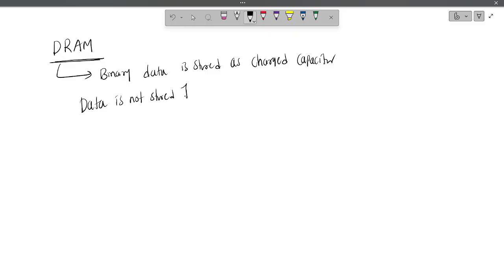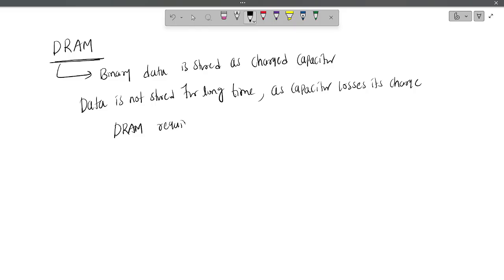Data is not stored for long time because the capacitor will discharge. Suppose you charge the capacitor, after some time what happens? The capacitor loses its charge. So DRAM requires periodic refreshing.